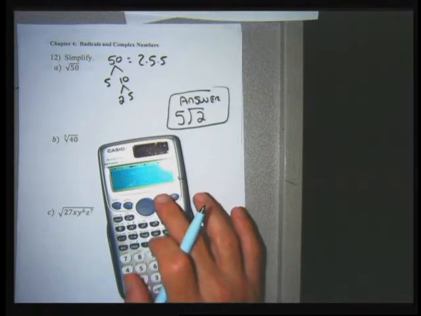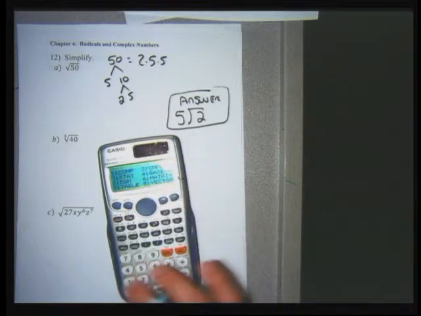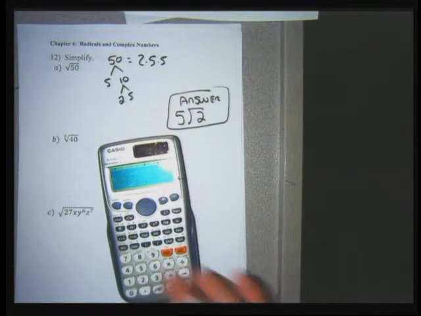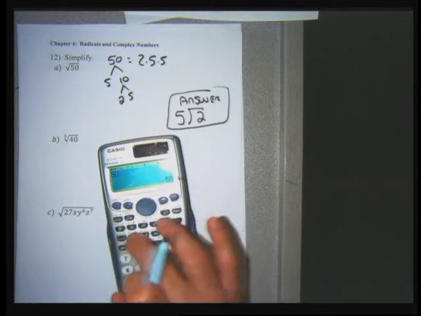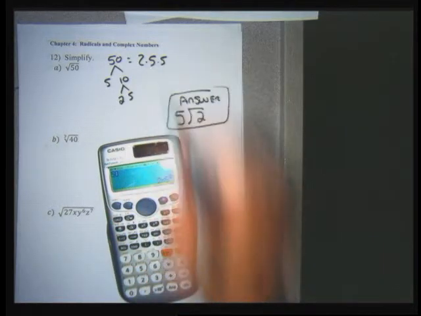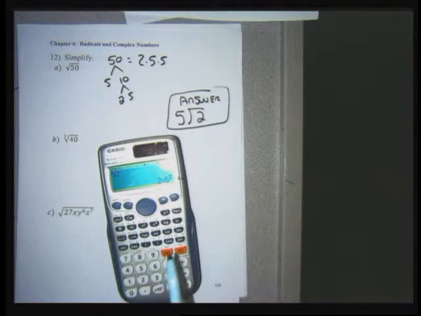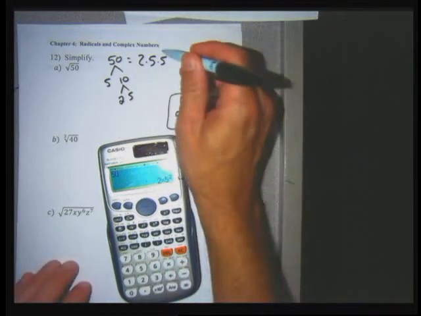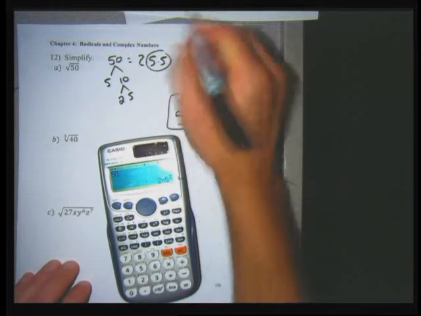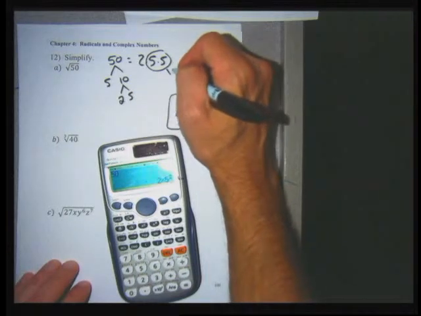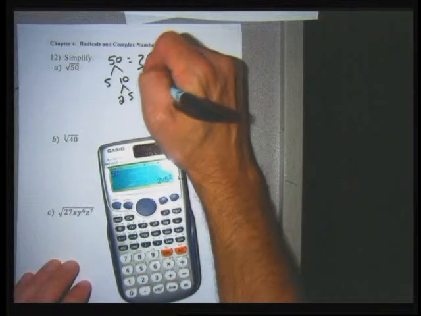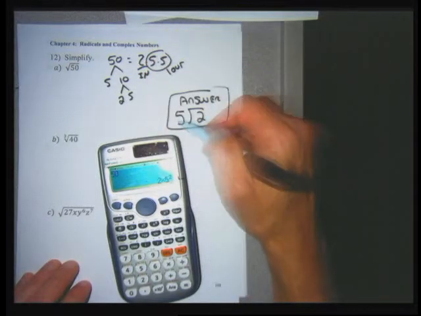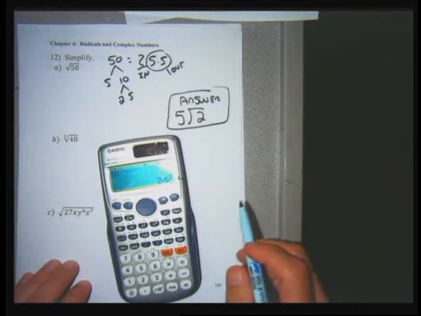Let me go mode 1, and now go 50 equals shift factor, and there's my 2 times 5 times 5, which is 2 times 5 squared. And every time you get a pair in a square root, you get one of these out, and singles stay in or under. So that's why I get a 5 out and a 2 under.